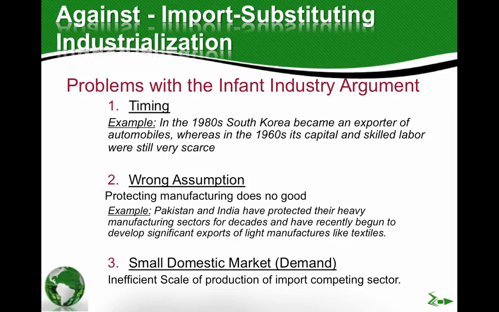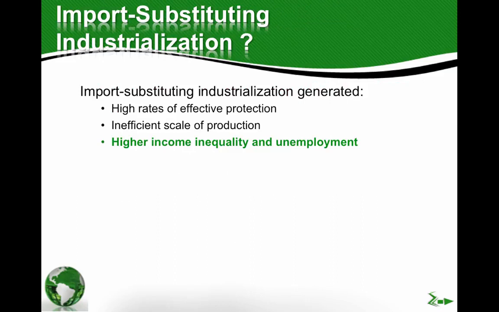And in that sense, you'll never really drive down the average cost. You'll never bring down the cost of producing the good because of the restricted demand that exists in your country. So in that case, you'll never have the comparative advantage because you'll never produce at a scale to bring down your cost.